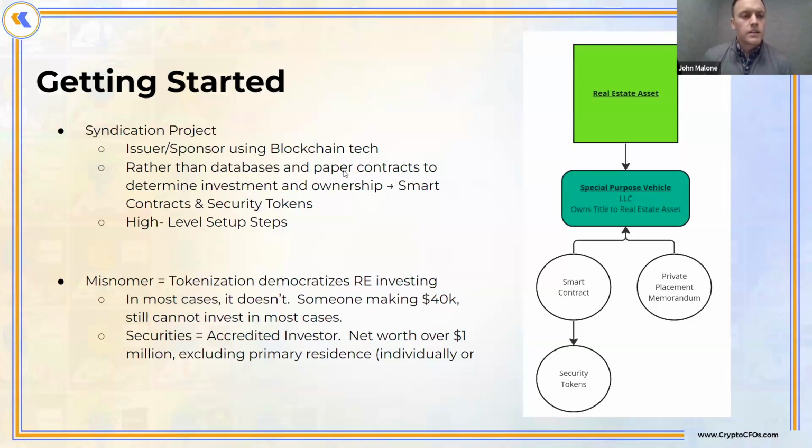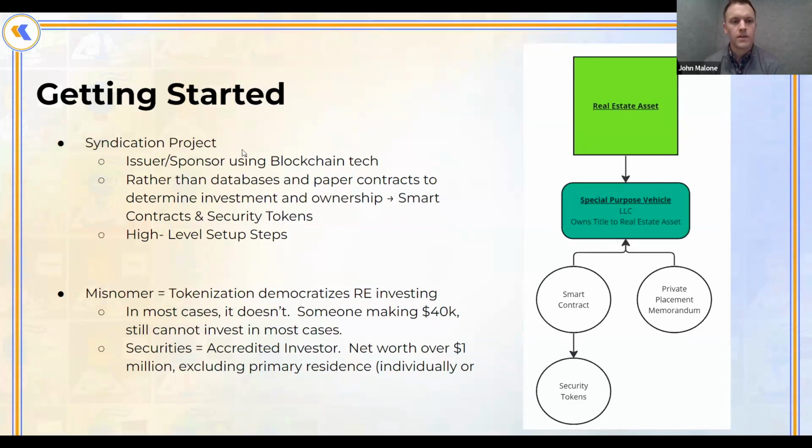Yeah, totally. And then getting started, I just wanted to set the stage as to what this would really look like in that first example that I went over, right? Equity ownership in an LLC, so a syndication project. You have a sponsor or an issuer, also known as a sponsor in most cases, utilizing the blockchain to issue these security tokens.